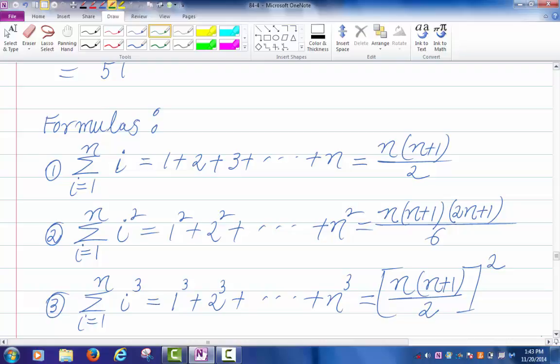If I add the squares of the first n positive integers, then I get n times n plus 1, 2n plus 1 over 6. If I add the cubes of the first n positive integers, we get n times n plus 1 over 2 squared. Notice that the right-hand side in number 3 is the square of the right-hand side of number 1.